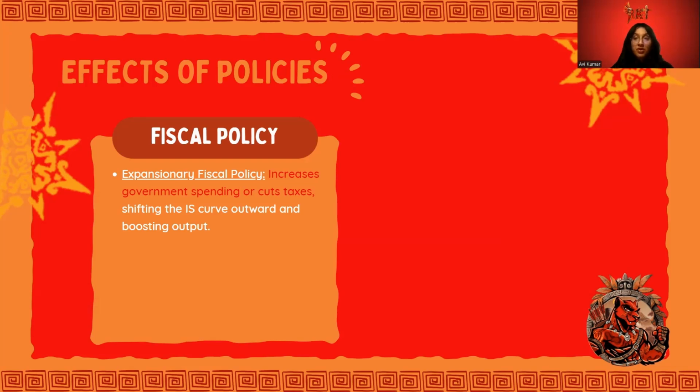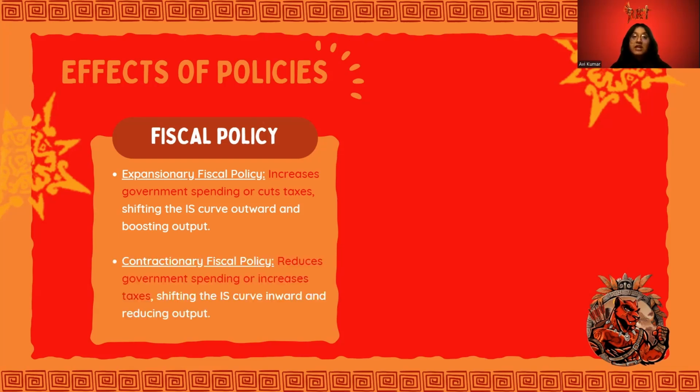So, to increase output, the government will carry out an expansionary fiscal policy. And vice versa, they conduct a contractionary fiscal policy, which reduces government spending or increases taxes, which shifts the IS curve inward, thus reducing output.